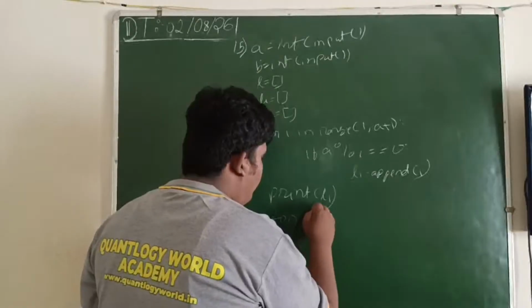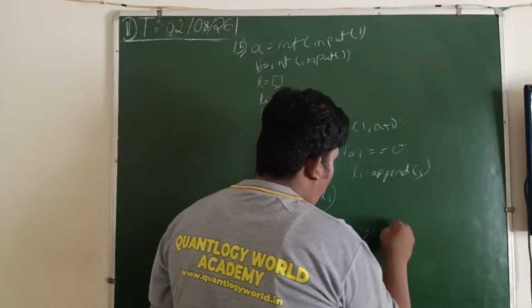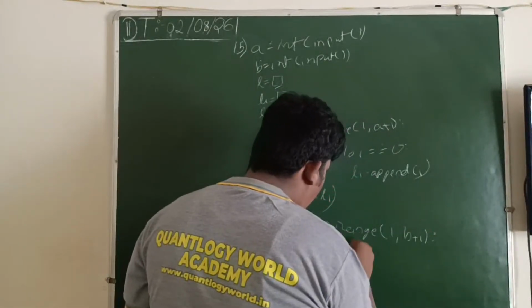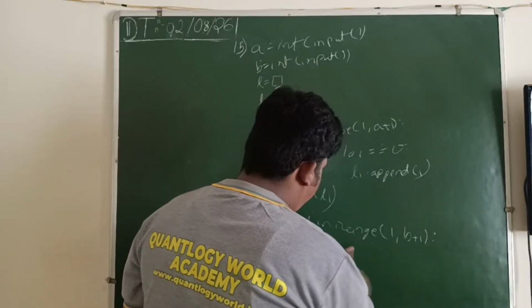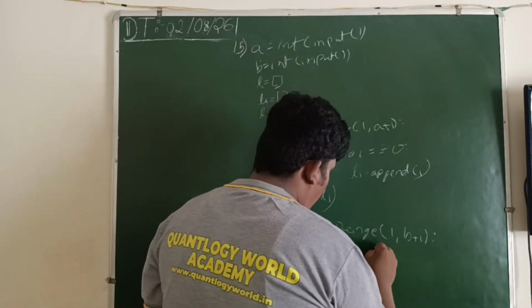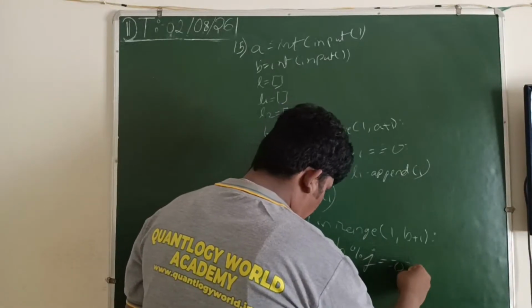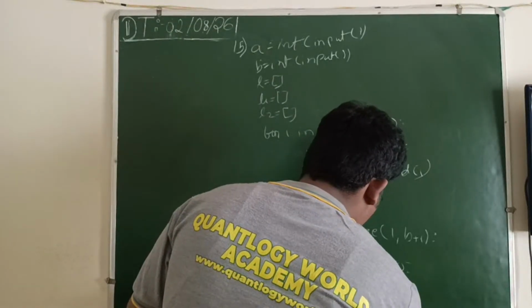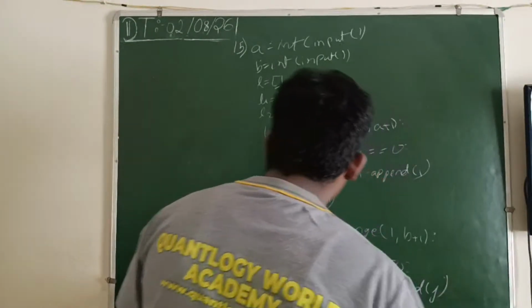Then for j in range 1 to b plus 1, if b percent j double equal to 0, then L2 dot append j.